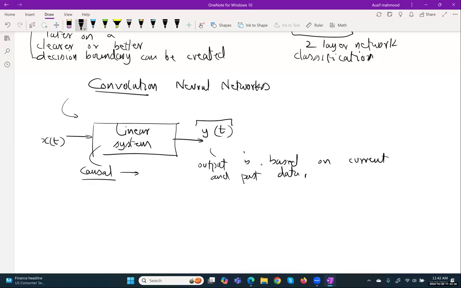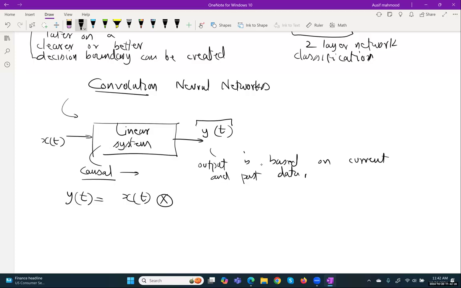Okay, so as we studied these linear systems, we found that the output produced by the linear system is a convolution of the input.